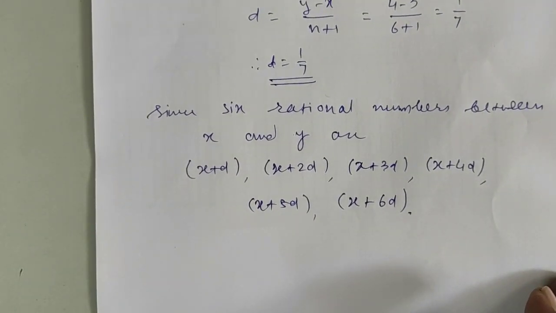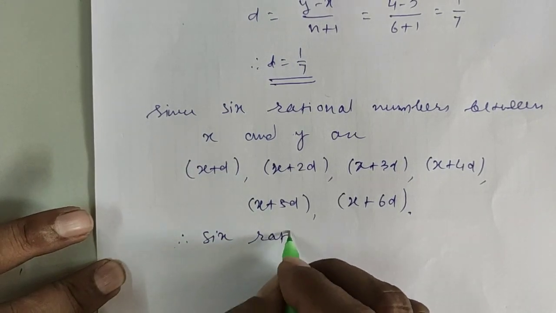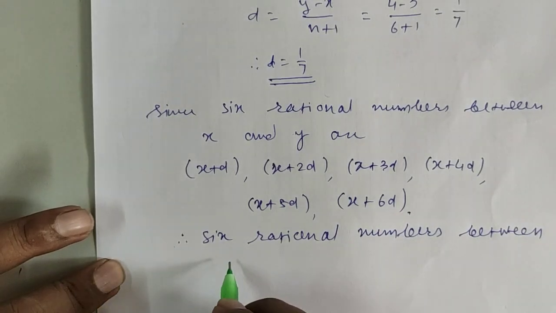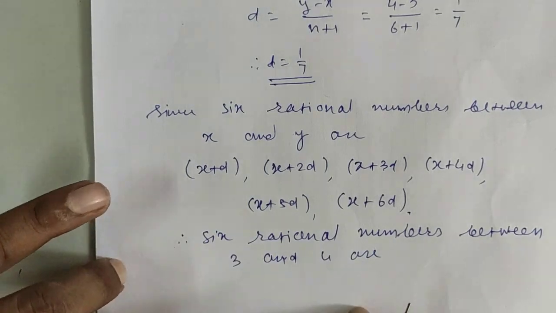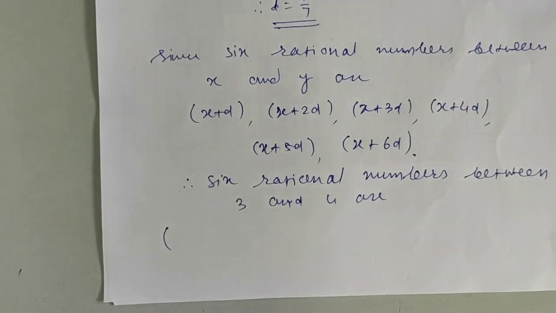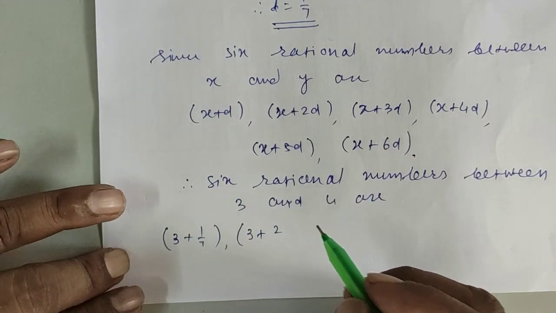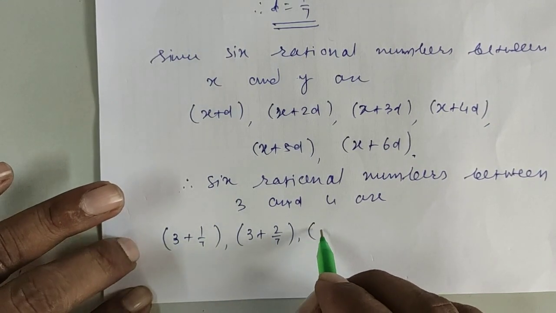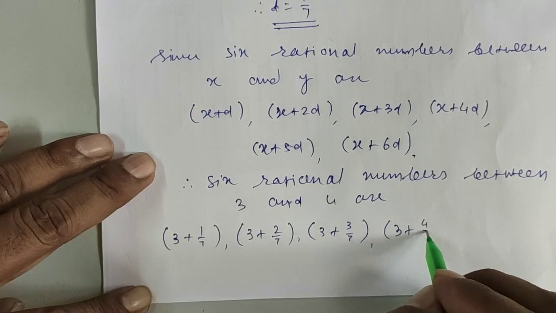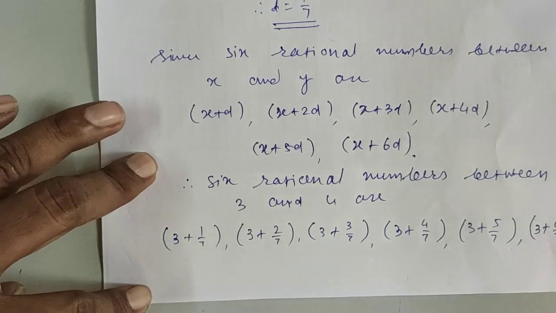So 6 rational numbers between 3 and 4 are 3 plus 1 upon 7, 3 plus 2 upon 7, 3 plus 3 upon 7, 3 plus 4 upon 7, 3 plus 5 upon 7, 3 plus 6 upon 7.